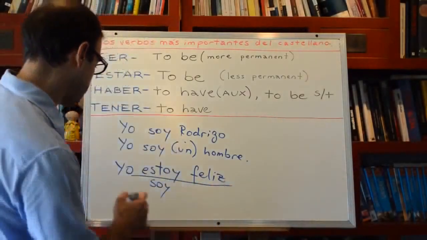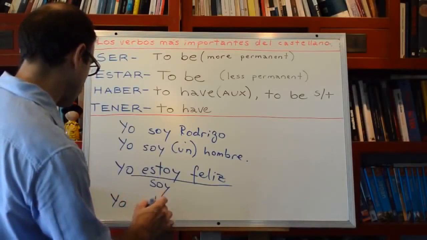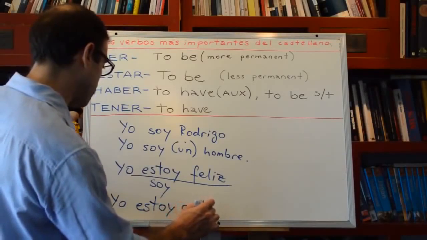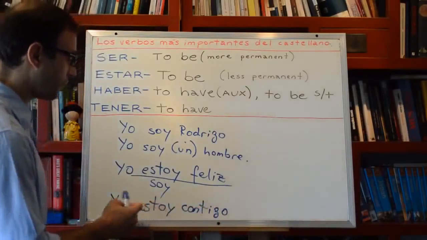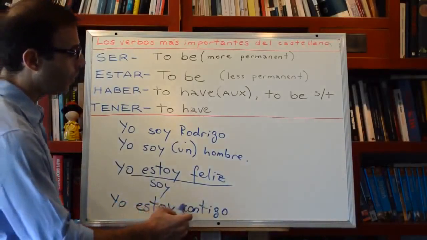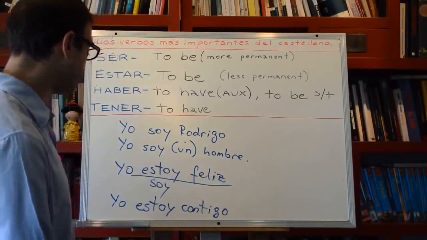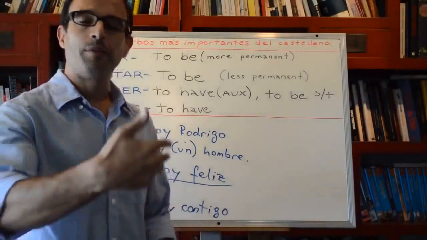Now look at this one. Yo estoy contigo. Yo estoy contigo. I am with you. Contigo means with you, okay? So again, I am with you.